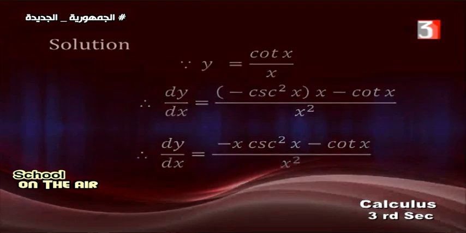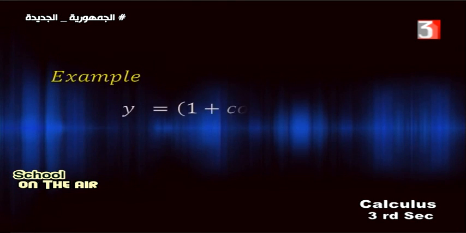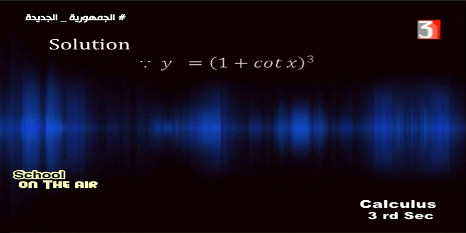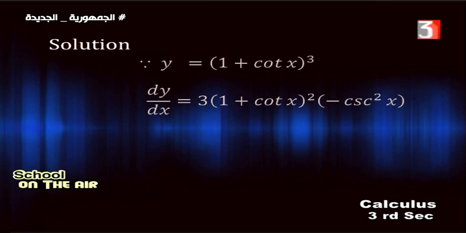Another example. If y equals, between two brackets, 1 plus cotan x all to the power 3, find dy/dx. Now we have a bracket to the power 3. Then dy/dx equals the derivative of the bracket multiply the derivative of the function inside the bracket.